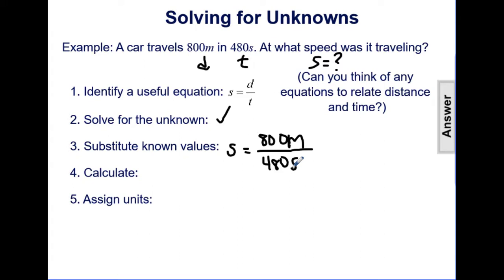We then want to calculate, so we can simplify: 800 divided by 480 is going to be, our speed will be 1.6 repeating. And assigning units, well, we have meters over second. So the speed would be 1.6 repeating meters per second.